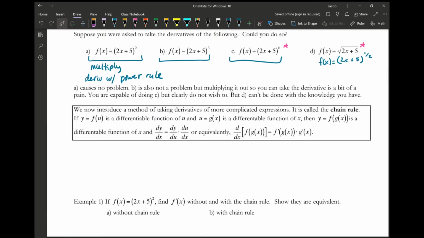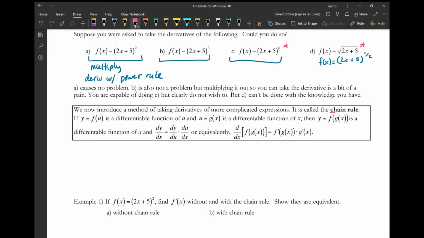So that's what the chain rule is going to help us accomplish. The chain rule here is expressed in a few different ways, and perhaps the easiest way to look at it is through this definition down here.